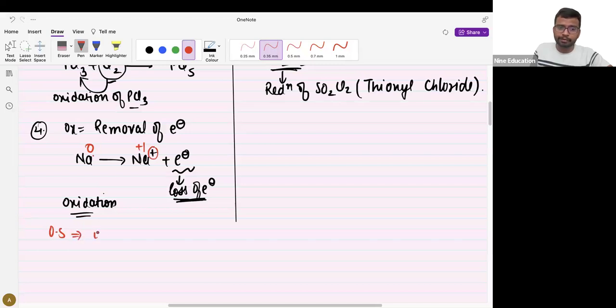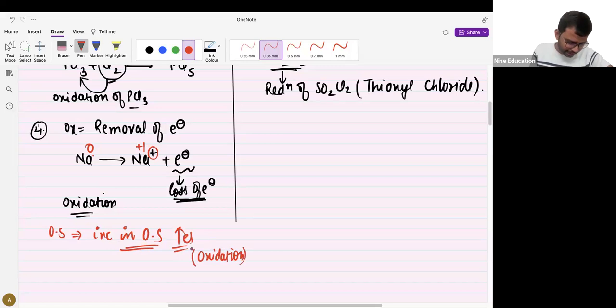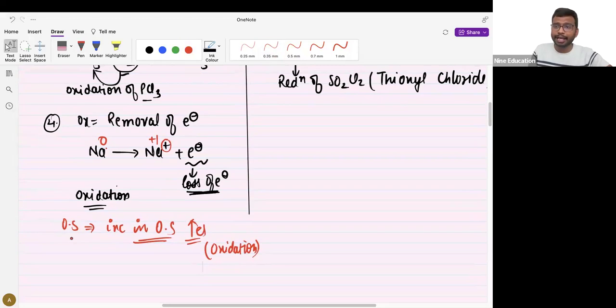Whenever we have an increase in oxidation state, that is known as oxidation. This was the modern, new definition of oxidation and reduction.